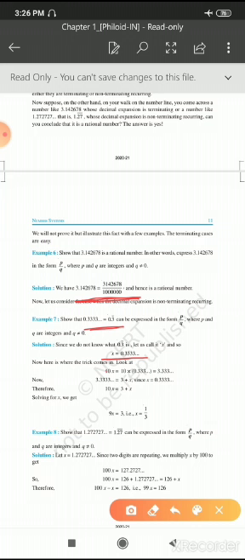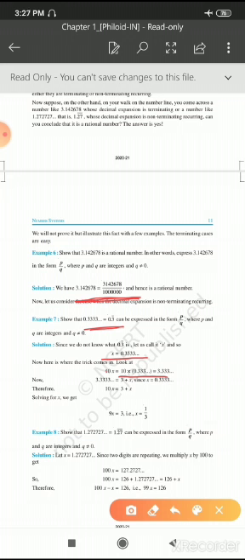So 10 into x is equal to 10 into 0.333 and so on. If you multiply any decimal number by 10, the decimal point moves one digit to the right. So 0.3 will become 3.3. So 10x is equal to 3.333 and so on.